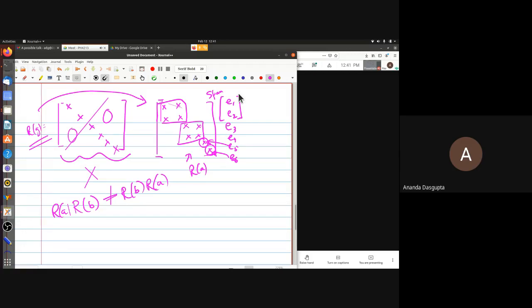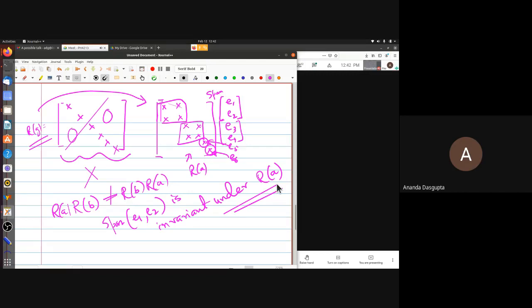Similarly, the span of E3, E4. So the span of E1, E2 is invariant under RA. Remember, when you say a set is invariant, what you really mean is that when RA acts on a vector in the set, you get a resulting vector in that set.